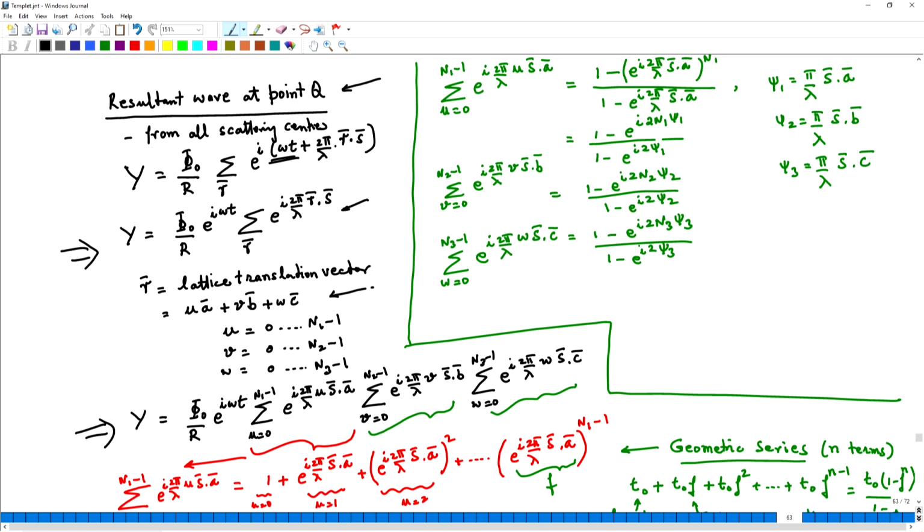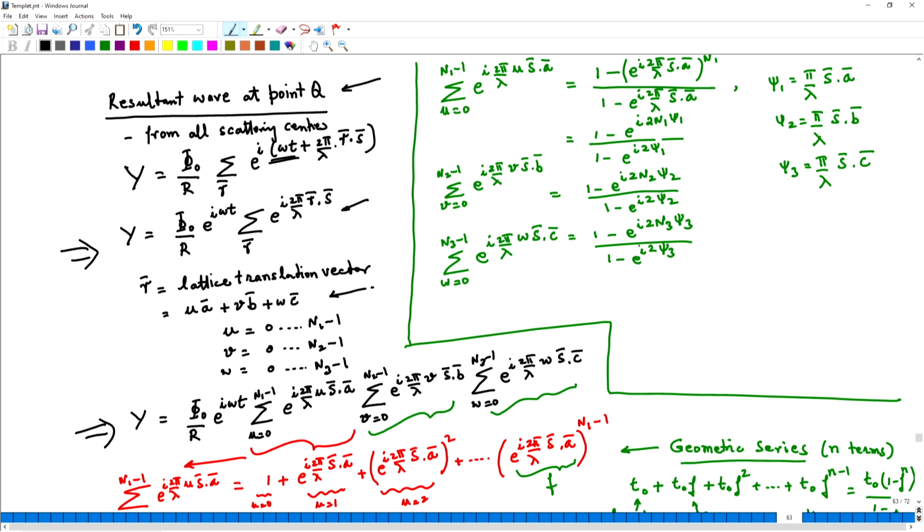Then, as we saw towards the end of the last lecture, each of these summations is nothing but a geometric series, summed over n1 terms, the second one over n2 terms, and the third one over n3 terms.